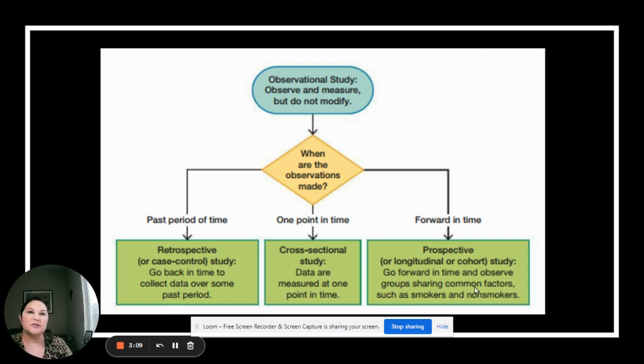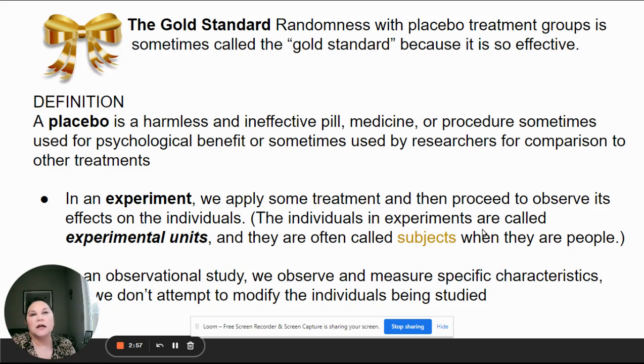Again, observational studies don't often affect the environment of the subjects. They're people, and you're just observing them in their daily lives and what they're doing.